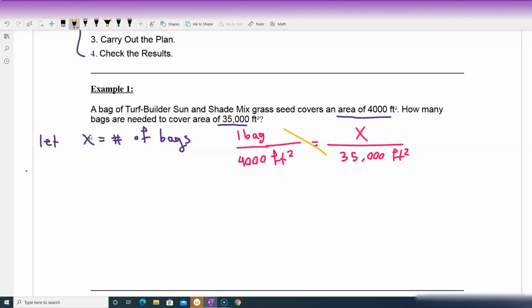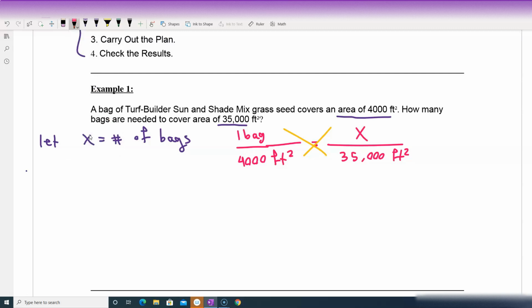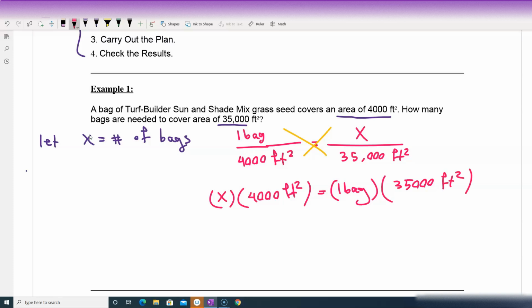So use cross product. We have 1 bag times 35,000 equal to x times 4,000. Now to find x, we have to divide by 4,000 feet square.